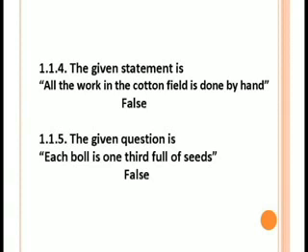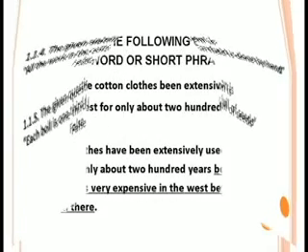In other words, the text says that each boll is 2/3 full of seeds, so the answer is false. For the rest of the questions, you can attempt in the same way and the answers are provided for you. You can also check the answers with your study guide.